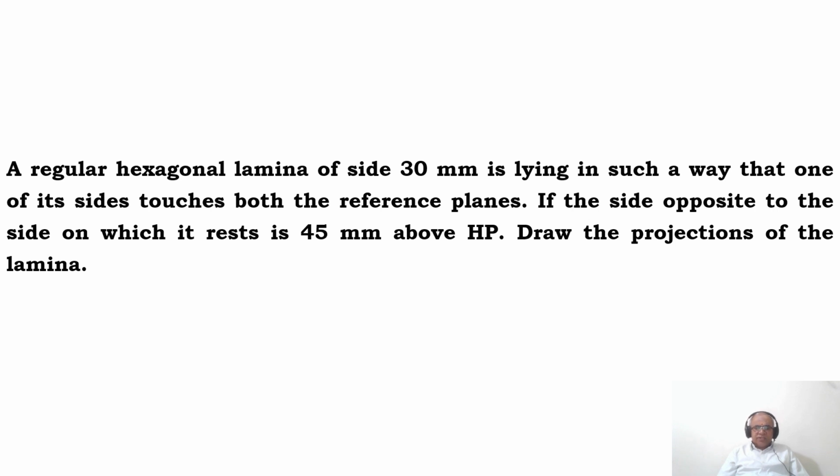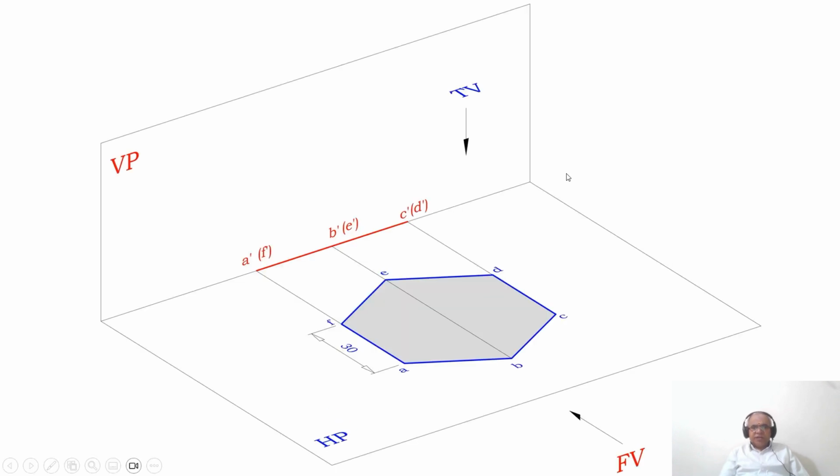If the side opposite to the side on which it rests is 45 mm above HP, draw the projections. How to start the problem? As he says, it is resting on HP, so obviously we have to start the problem from the horizontal plane. Point number one. And point number two is, since the edge is resting on HP, make that edge perpendicular to VP. So that is the condition.